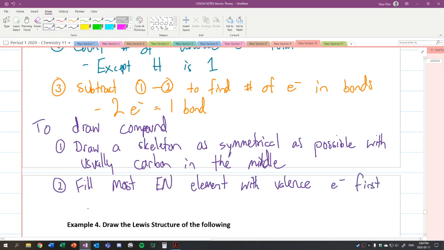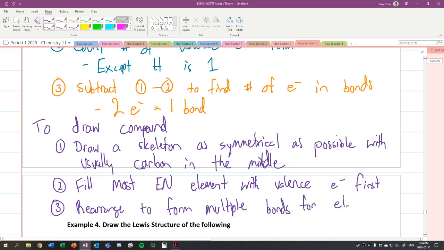And now, if you used up all your valence electrons and you have no more valence electrons left, and some of the elements don't have a full octet, step 3 is where you rearrange to form multiple bonds for elements without full octets. So we're going to practice this with these next few examples.